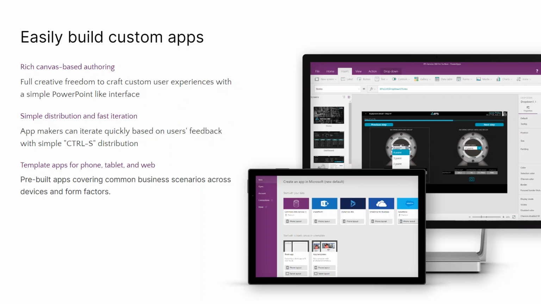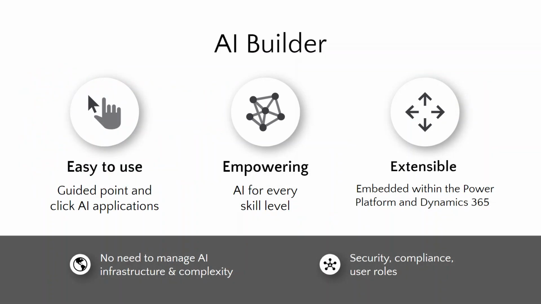Then we can also provide feedback quickly within the app itself. There are different templates also provided for phone, tablet, and web, and it runs across all the platforms, be it iOS or Android. So it can be used in all kinds of application spaces. So now, coming to our main agenda, which is AI Builder.